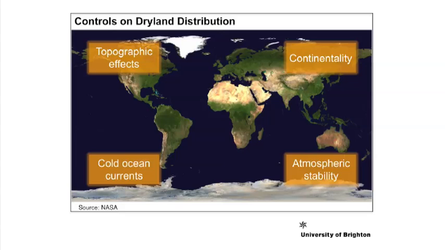The first of these is the fact that most of these deserts occur in areas of atmospheric stability. So they're in zones either side of the equator where air is typically descending. They're associated with high pressure areas. And where you have areas of high pressure atmospheric conditions, air is typically descending rather than rising. Air that rises condenses and moisture can precipitate.